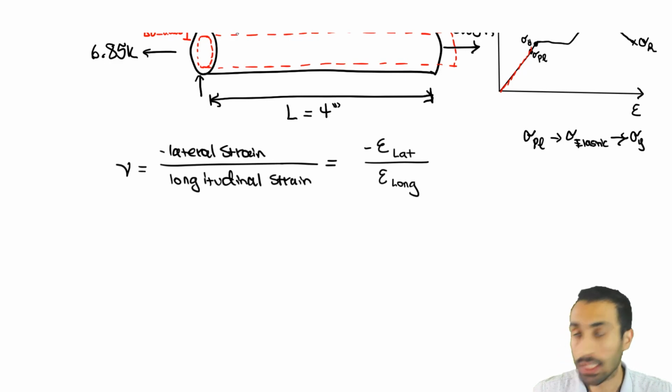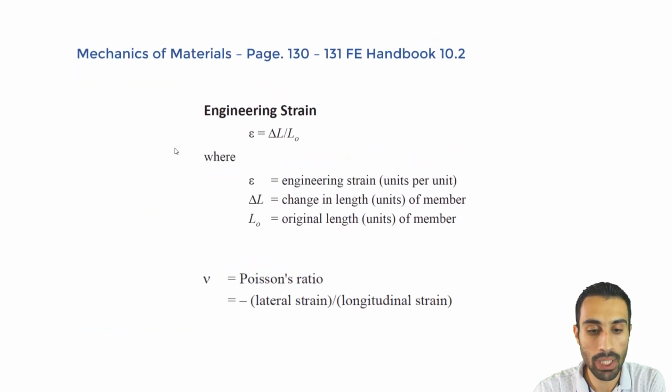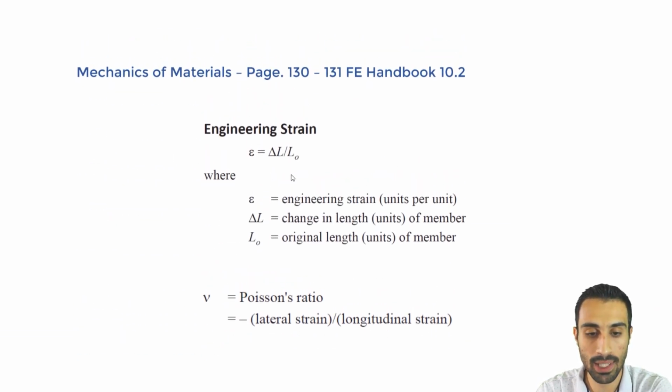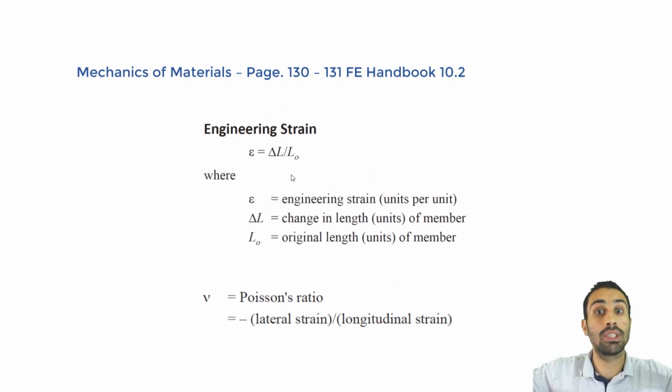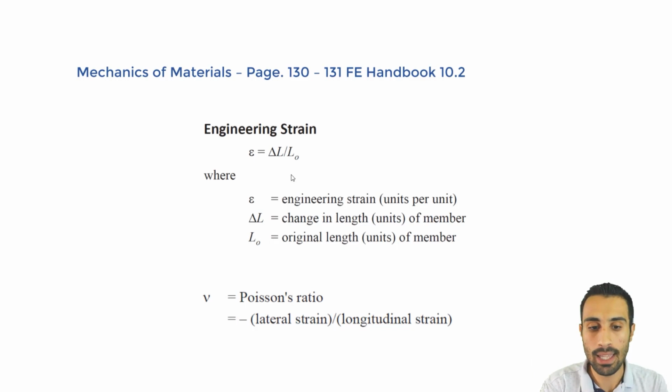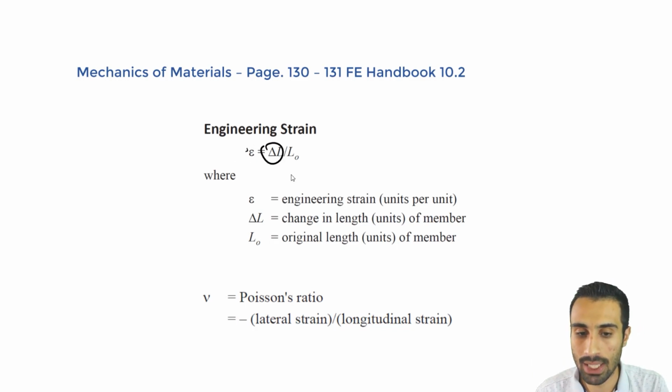So let's find the easier one first, the longitudinal strain, the bottom one. The way you would do that is apply this equation. We know the fundamental definition of strain, assuming we're stretching something, or we apply a force in the longitudinal direction along its length: strain is the change in length divided by the initial length.